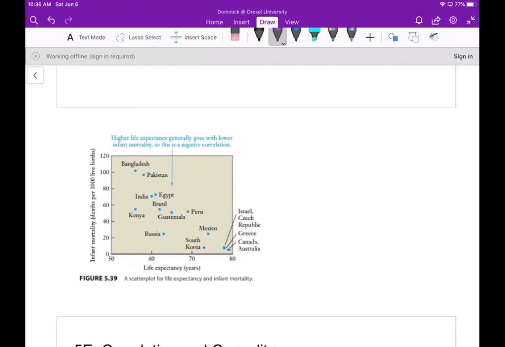And of course, it's definitely possible that the third, where one is causing the other, is the case, but it's only one of several causes, right? So here, infant mortality will definitely contribute to life expectancy.